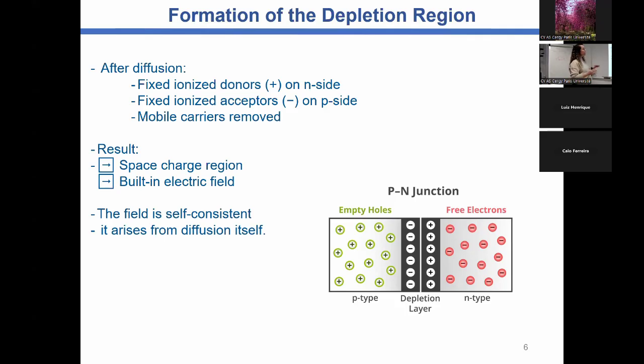What this means is that after the diffusion, in terms of Coulombic attraction, it is better for the holes to be close to the electrons coming from the N type, and then close to the P type. This is why in the depletion region there is a different polarization.